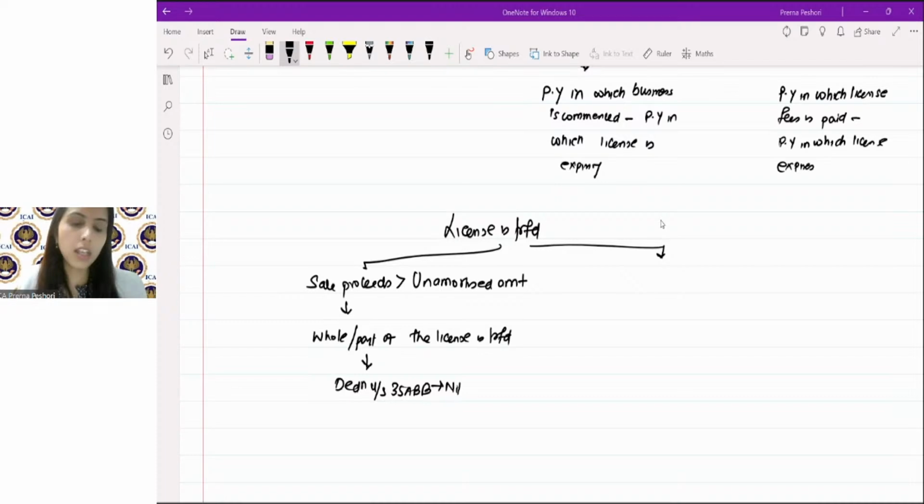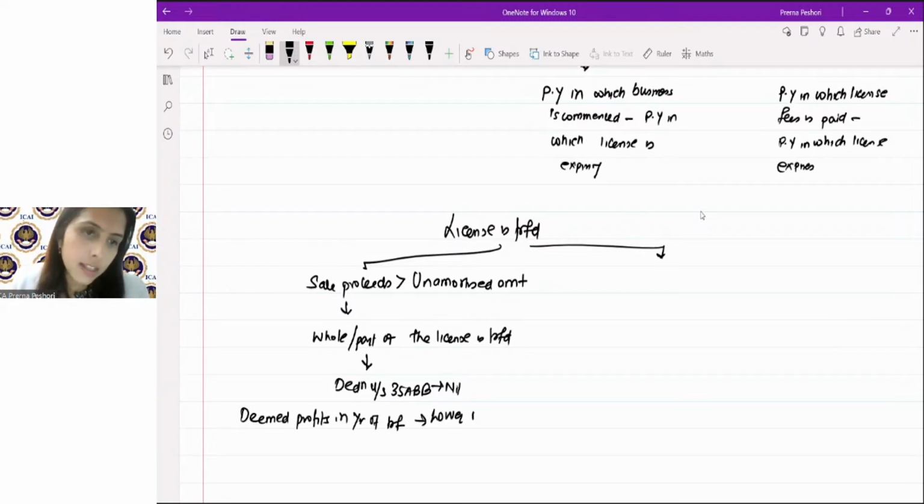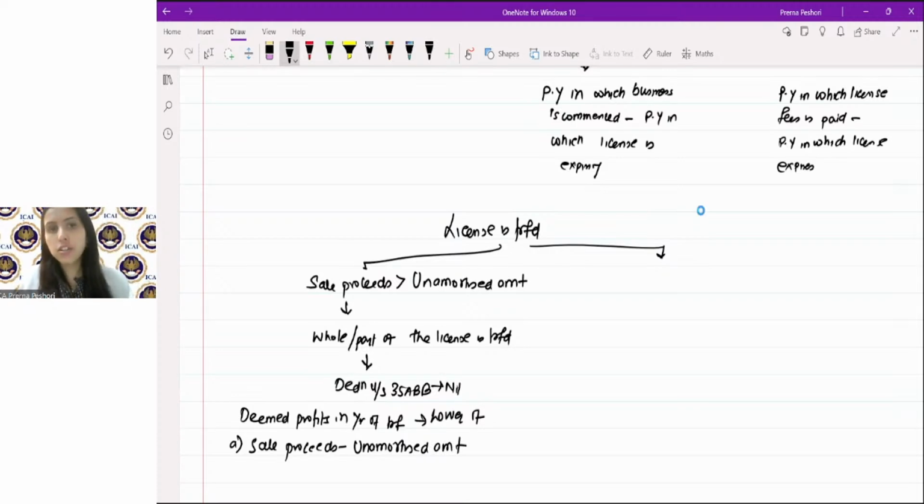However, there will be deemed profits in the year of transfer, which will be the lower of the sale proceeds minus the unamortized amount, meaning what you have earlier allowed as the deduction, and the deduction allowed till date.